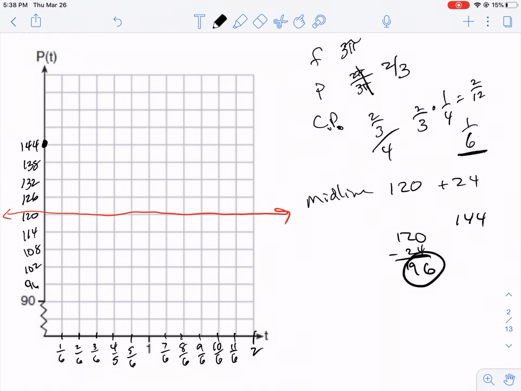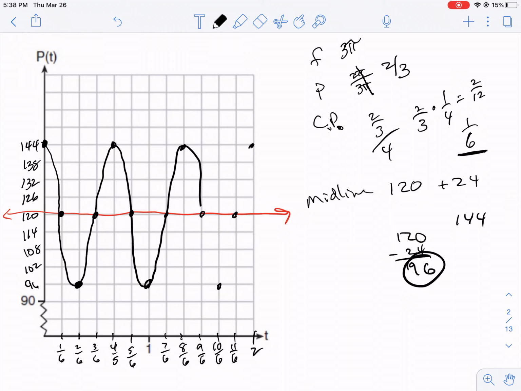So 144, midline, lowest, 96, midline, highest, midline, lowest, midline, highest, midline, lowest, midline, highest. Remember, these are supposed to kind of look like cursive V's, not like straight printed V's. Best you can. There is your graph.